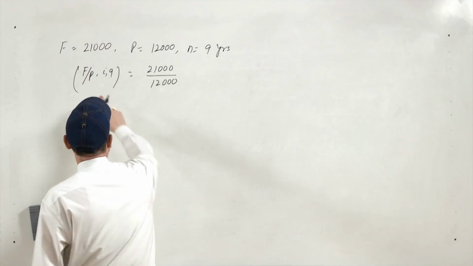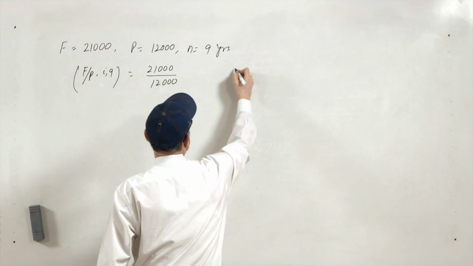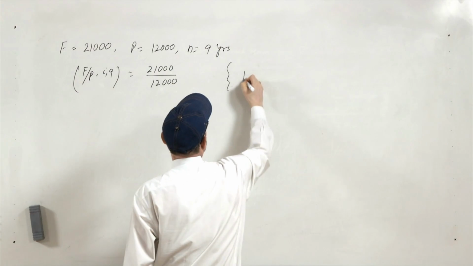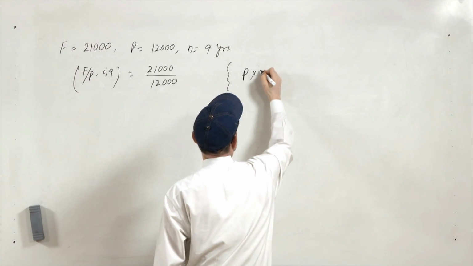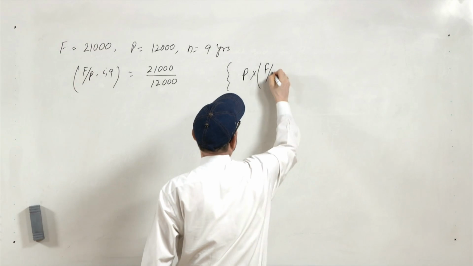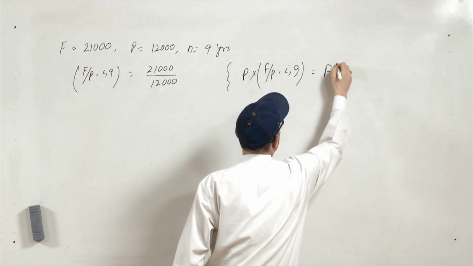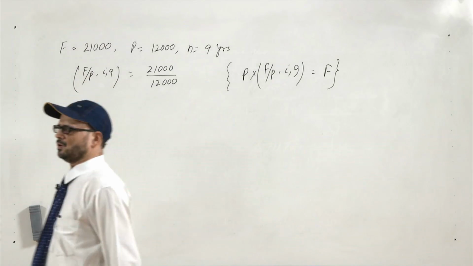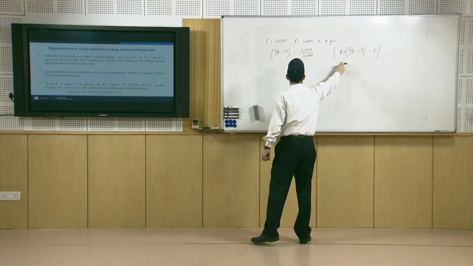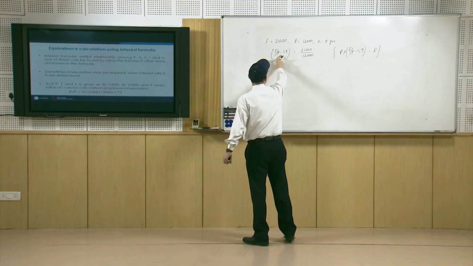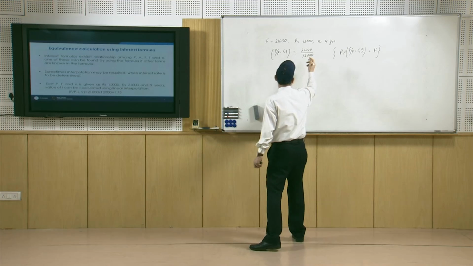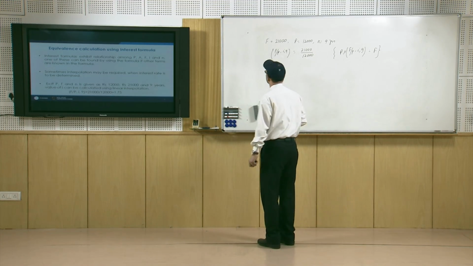That is why F by P, or you can write this will be coming from the expression P into F by P, I, 9 should be equal to F. So, from this expression you can get F by P, I, 9, that is 21,000 by 12,000.